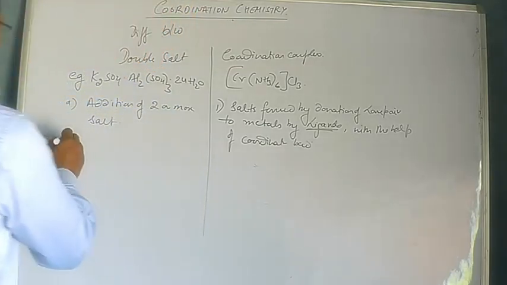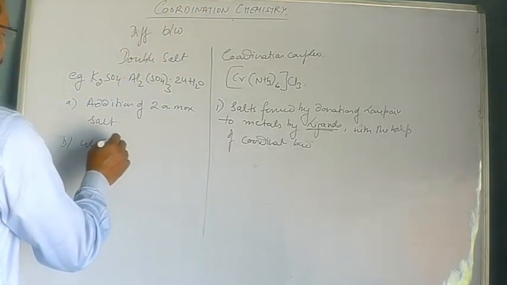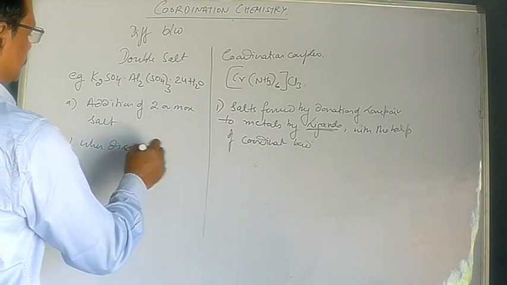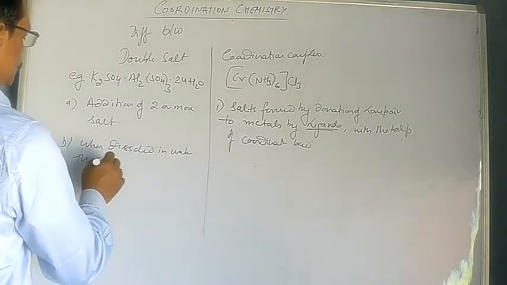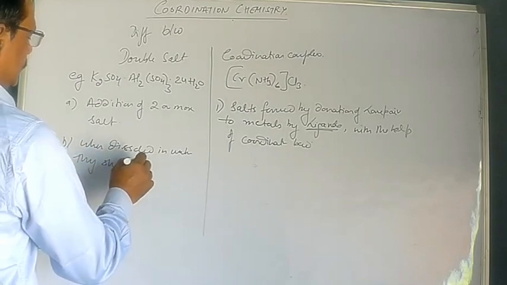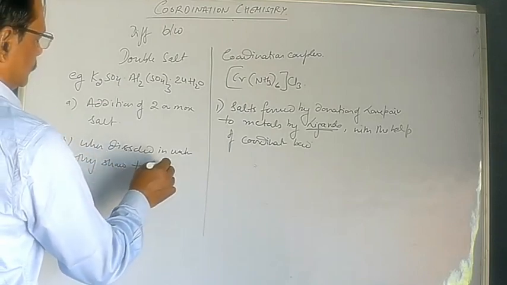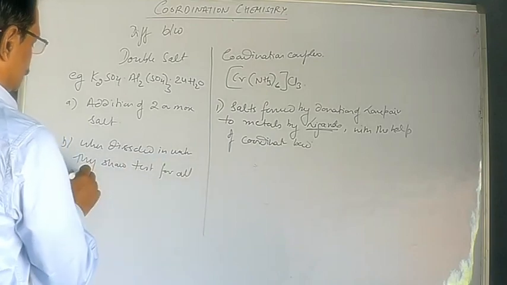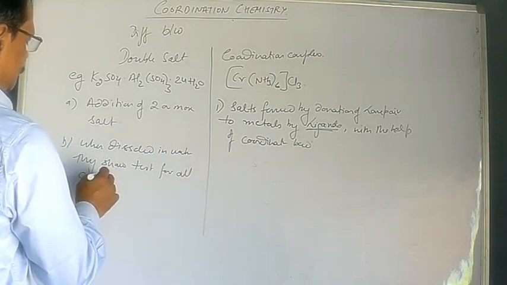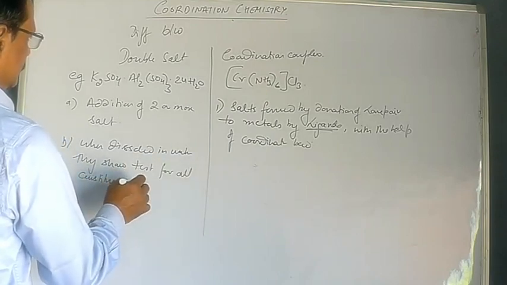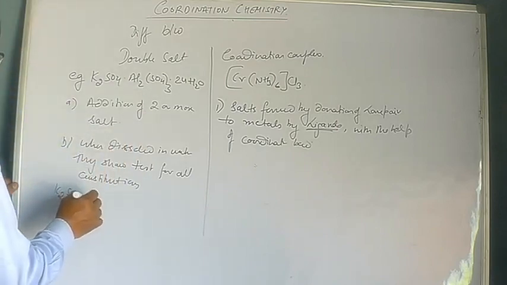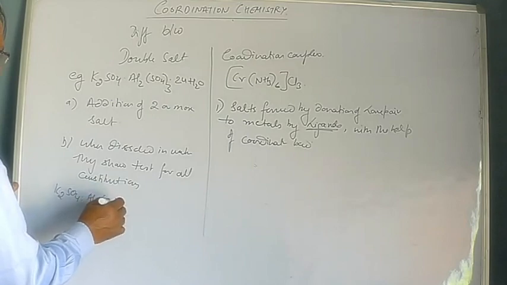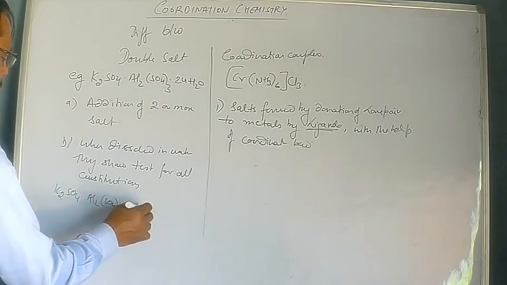Point number 2. When dissolved in water, they show tests for all constituent ions. Let us take an example: K2SO4.Al2(SO4)3.24H2O.